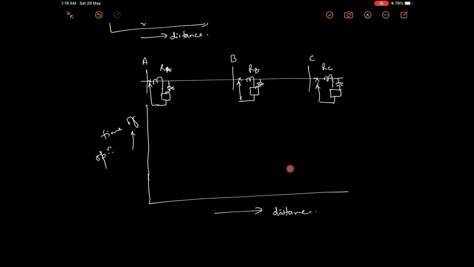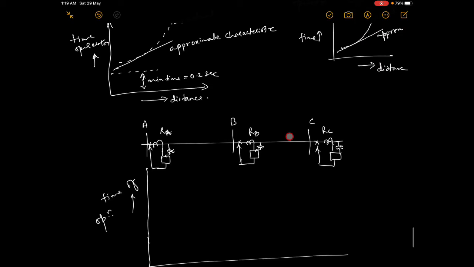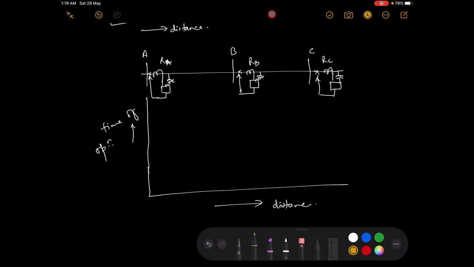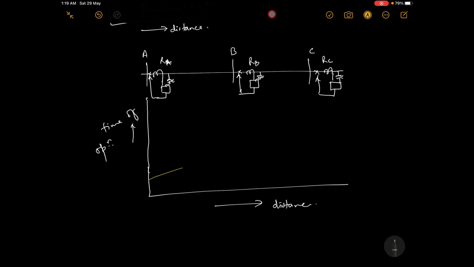Okay, this RA, based on these characteristics, it will have something like this. Let me choose some different color. Do you think it can have something like this?